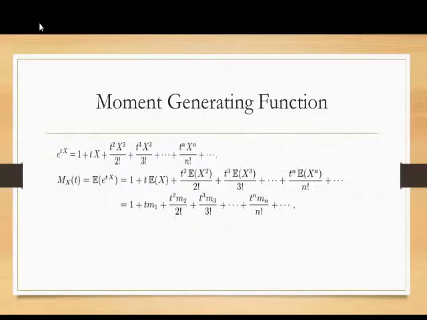So it's a very simple thing. You take the MGF, differentiate it once, set theta equal to 0, and you get E[X]. Differentiate it twice, set theta equal to 0, you get E[X squared]. Whichever power you want, E[X to the k], differentiate it k times, and set theta equal to 0, you get E[X to the k]. So this is the very nice and pretty and elegant thing about the MGF.